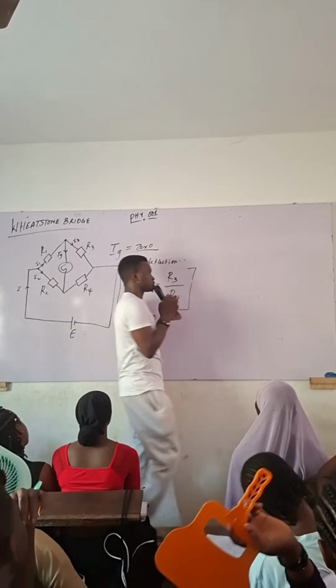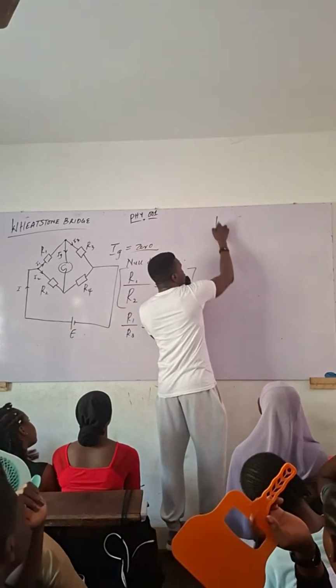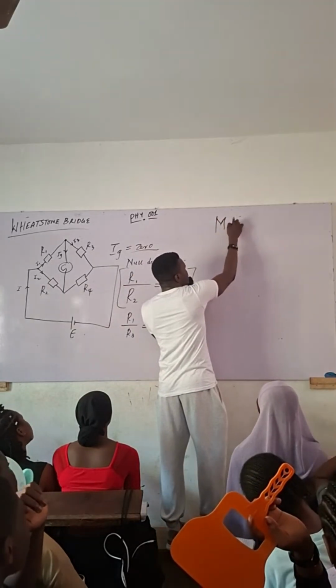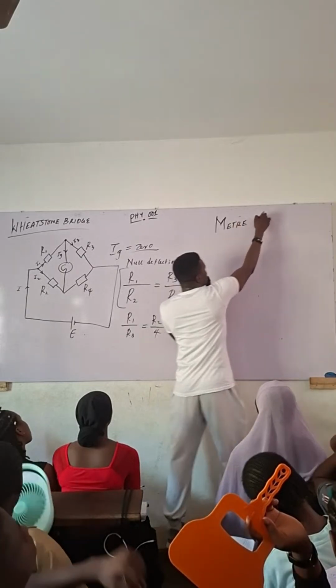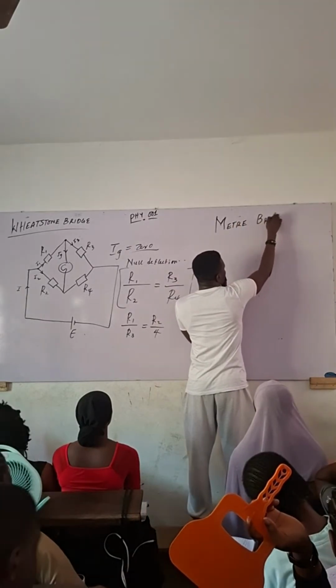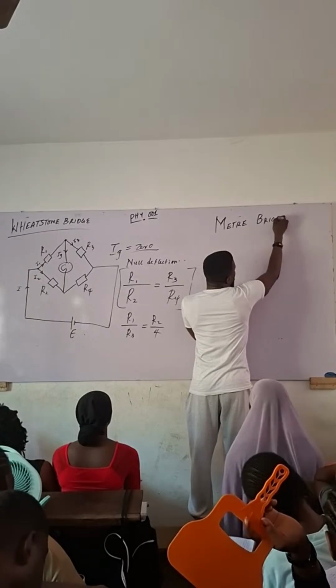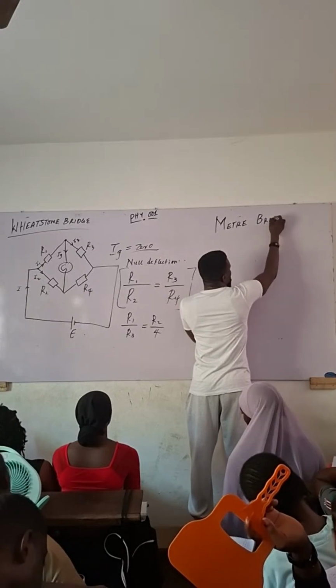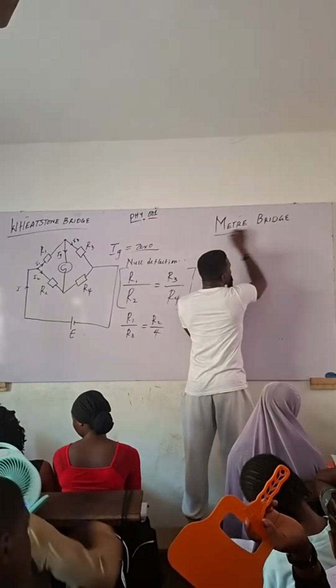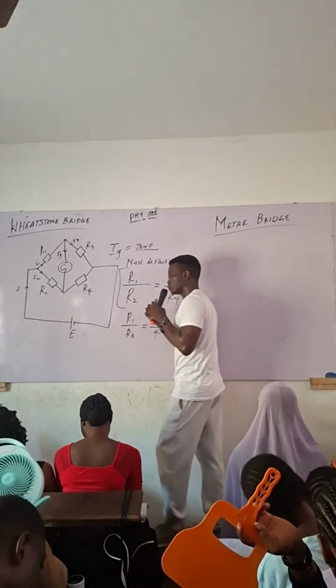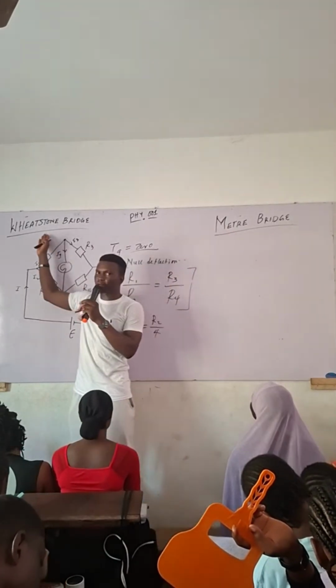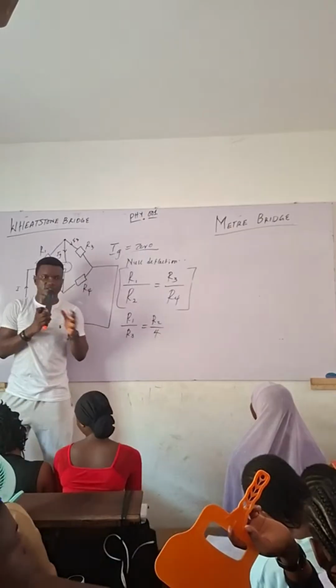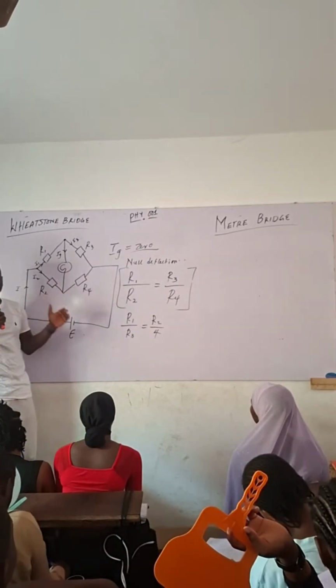Then we now do some experiments in the physics lab. We call it the meter bridge. It works like this, but instead of using resistors, it uses a wire.